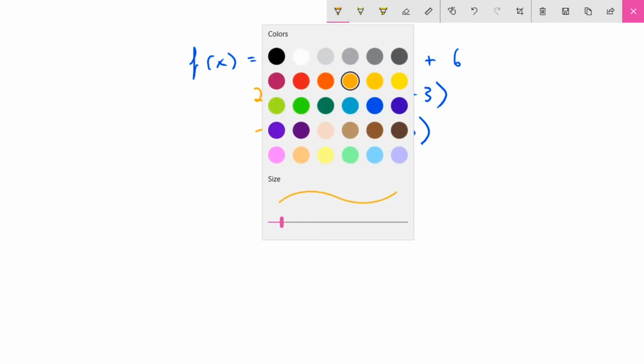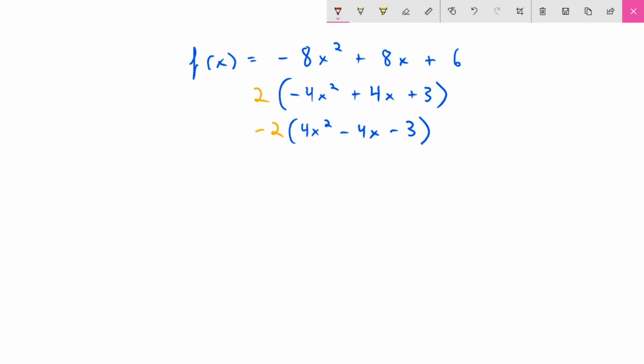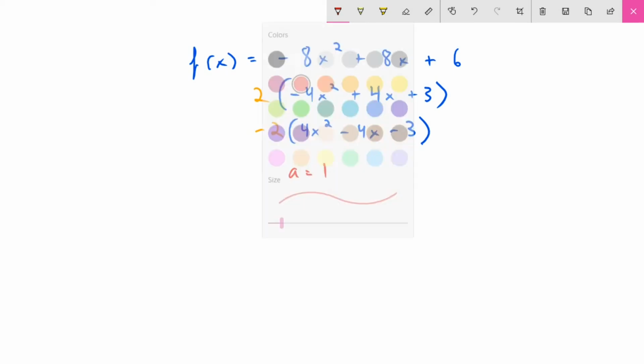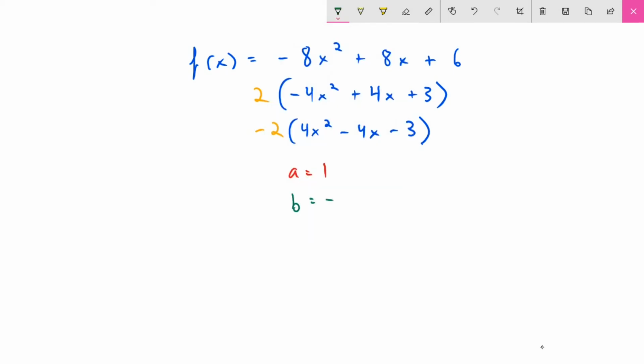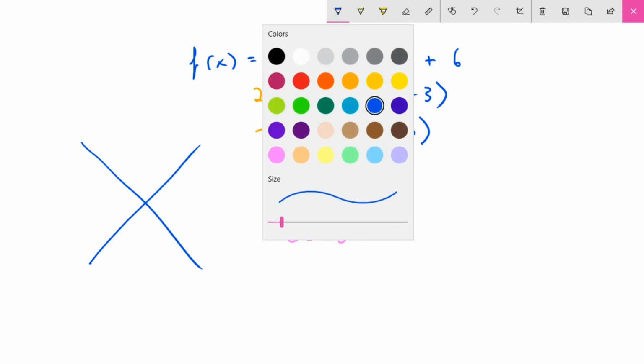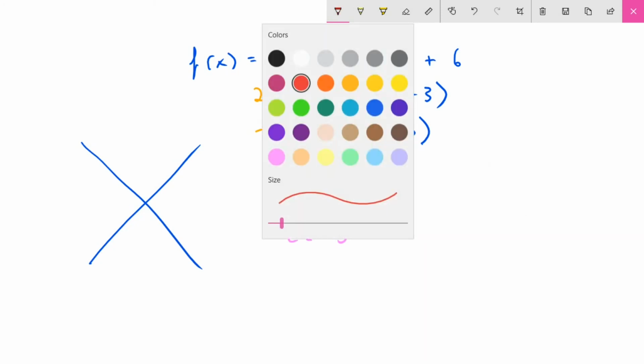Now let's continue with our Xbox method. A equals 1, B equals negative 4, and C equals negative 3. So with the Xbox, here we go. A times C was negative. Oh, wow. A is 4, guys. All right, good thing I heard you.